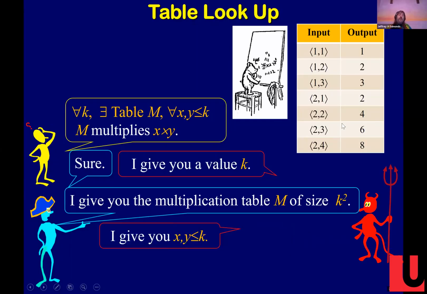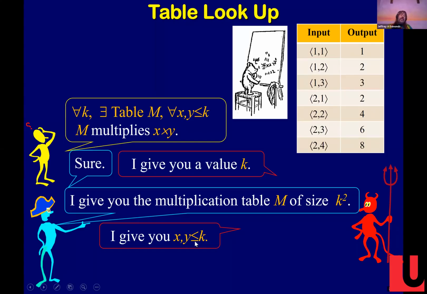And then the adversary, for all, once we fix the table during the coding phase, then during the execution phase, the adversary gives me values x and y as input. But the promise is that x and y are less than k.